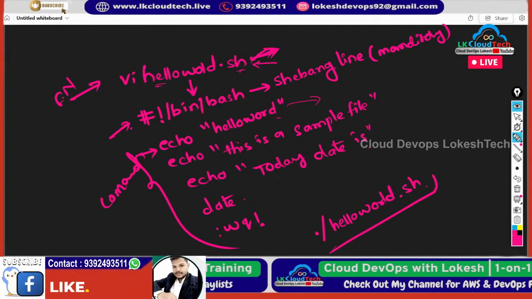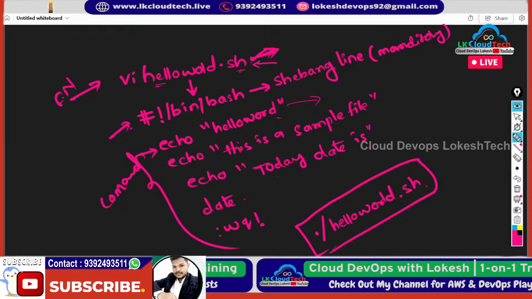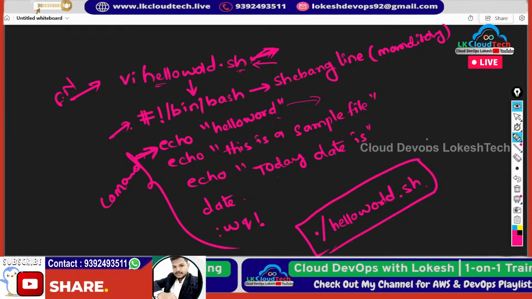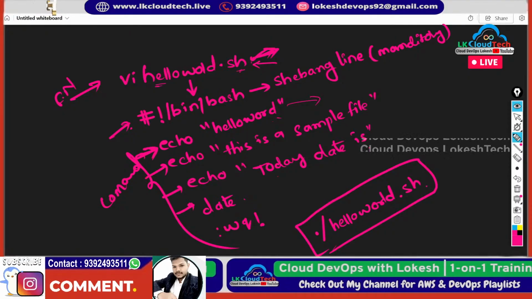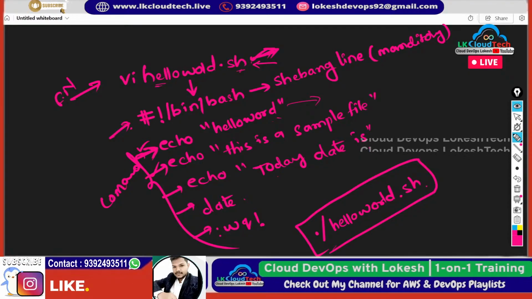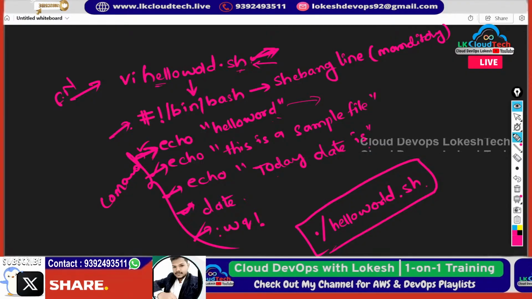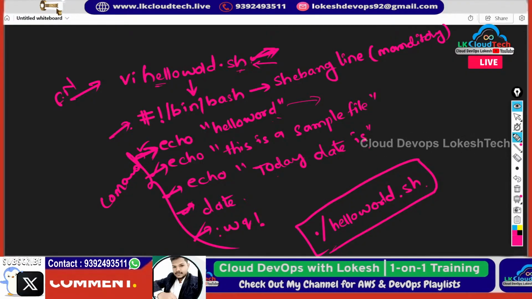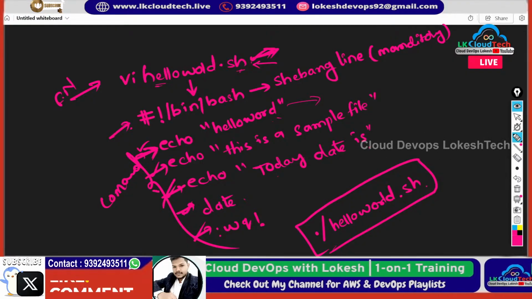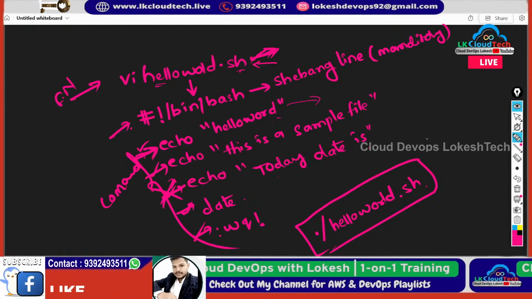If you use this, it will execute one by one, this line, this line, this line. If there is a fault with any line or command, it will show the error.